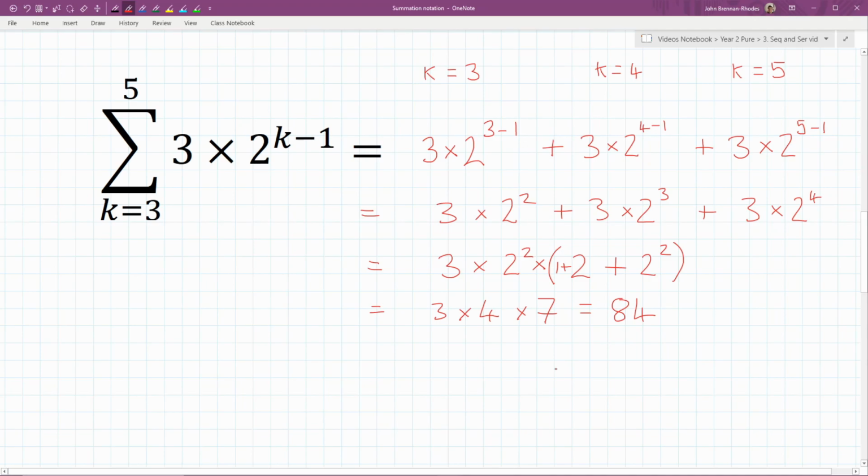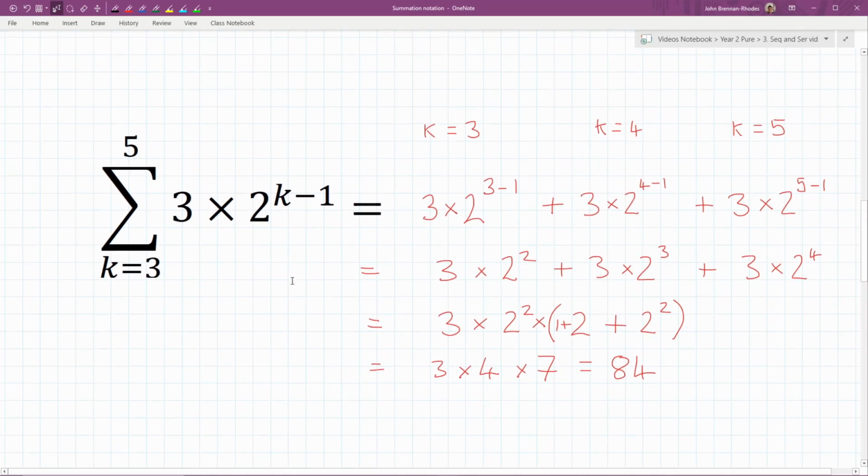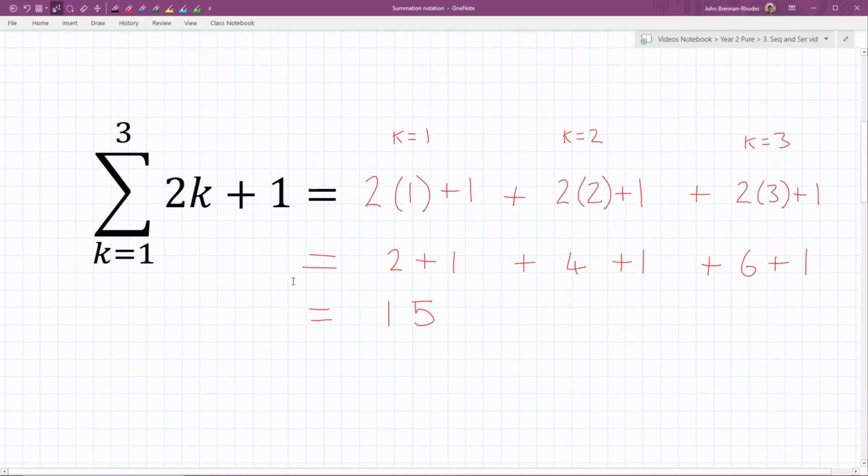Okay, so before I carry on, you might notice that some of these things look slightly familiar. These feel a bit like arithmetic or geometric sequences. If I go back to this one here, and look at each term, removing that 15, I get 3 plus 5 plus 7.